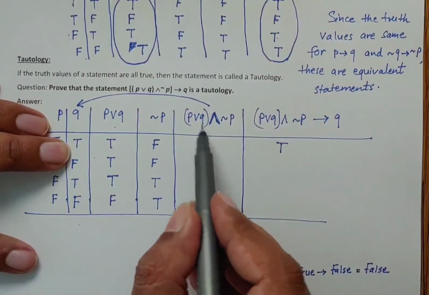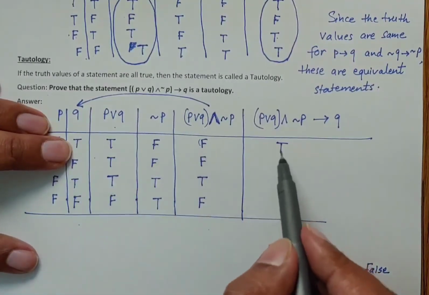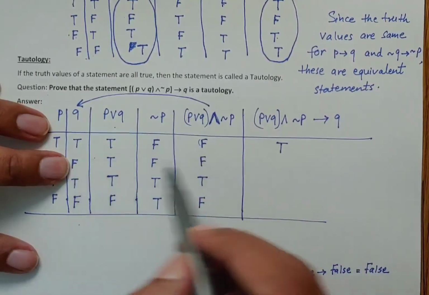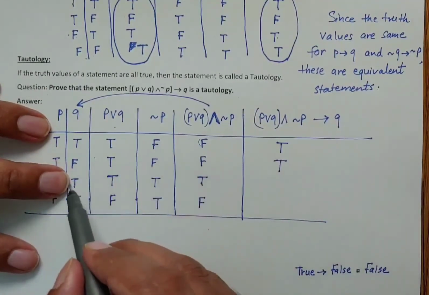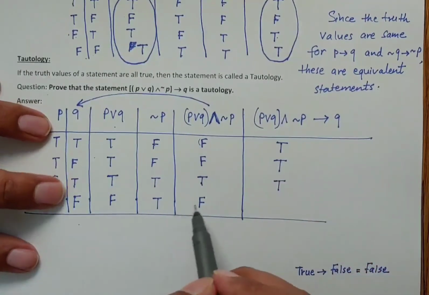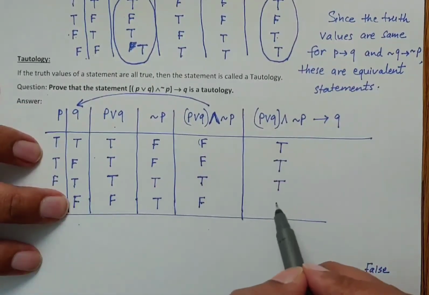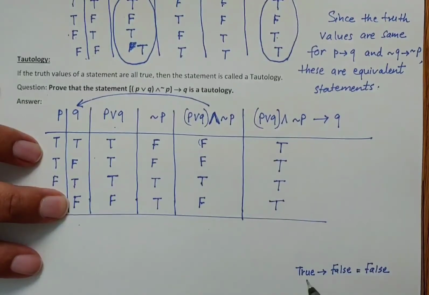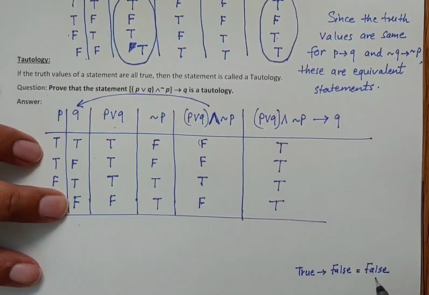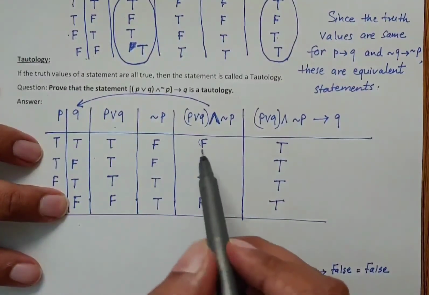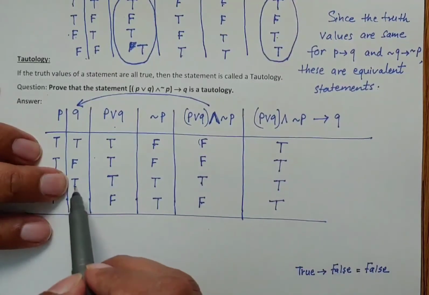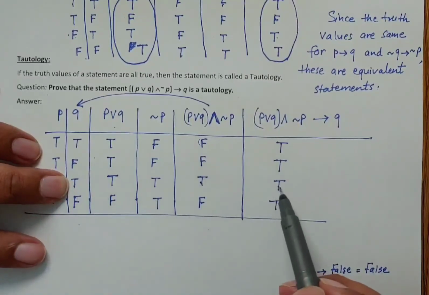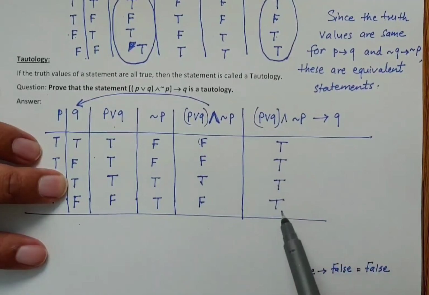So here false implies true is true, false implies false is true, true implies true is true, and false implies false is true, because we never get true implies false. We got only one true here, and here we have another true, so true implies true is true. So we get all true, right?